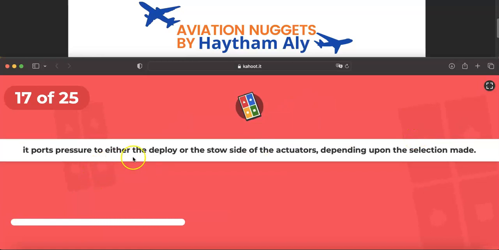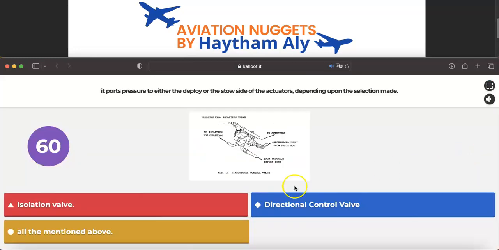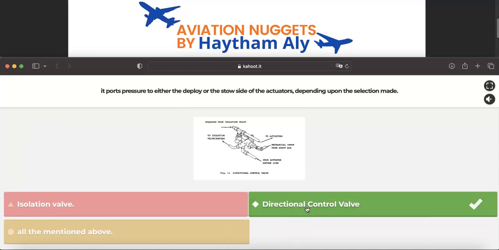It ports pressure to either the deploy or the stow side of the actuator, depending upon the selection made. Is it the isolation valve, or directional control valve, or all the mentioned above? The right answer is directional control valve.